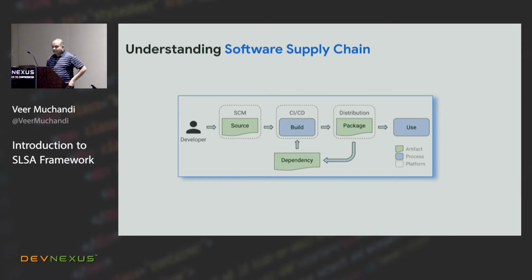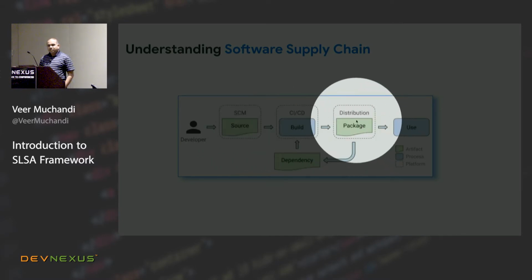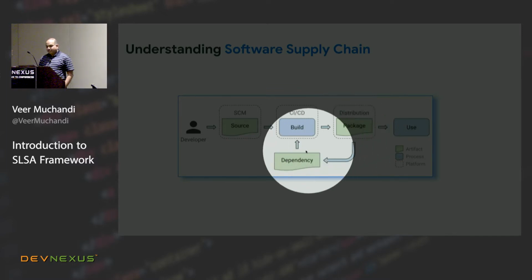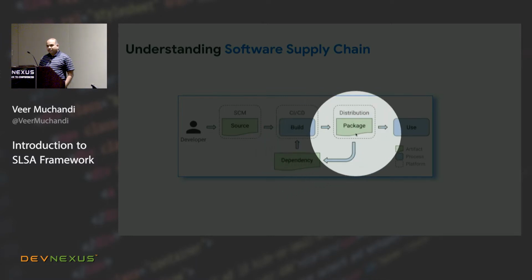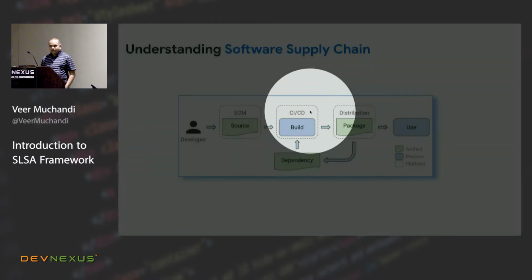So think of different kinds of artifacts that are involved as you are building your code and deploying it. Artifacts like, let's say, source code, packages. This could be your jar files or your container images and things like that. And then there are dependencies as well. Some of the packaged things like libraries will become dependencies as you build the code, right?